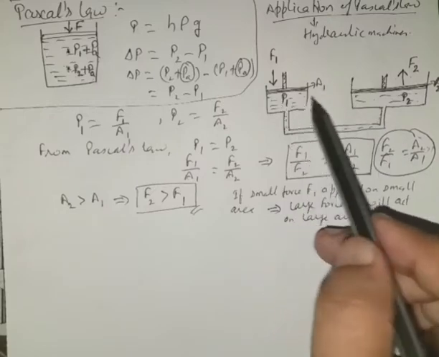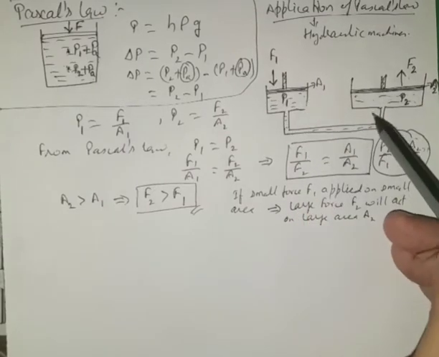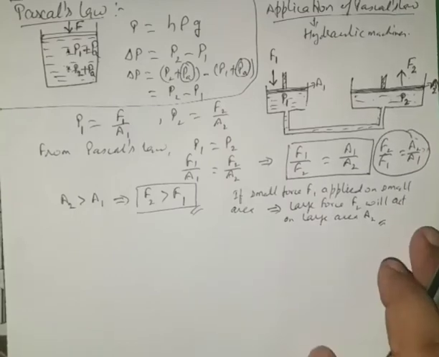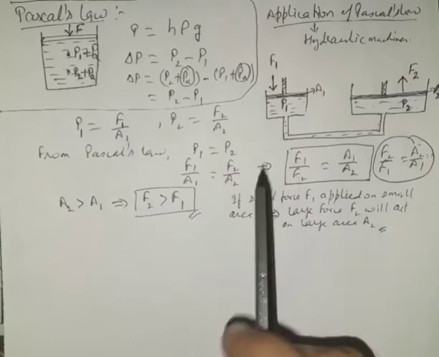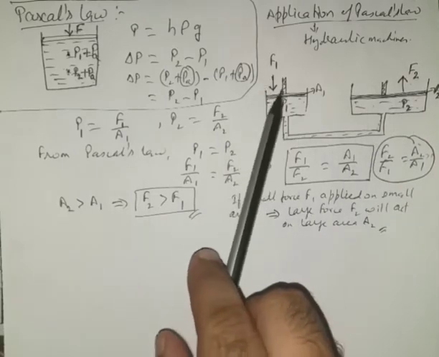So with a small force on a small area, a large force on a large surface will act, and this is the application that will be used in hydraulic machines. To increase the force, we increase the area, and then with little effort this will move.